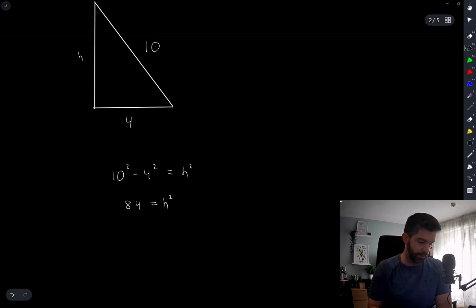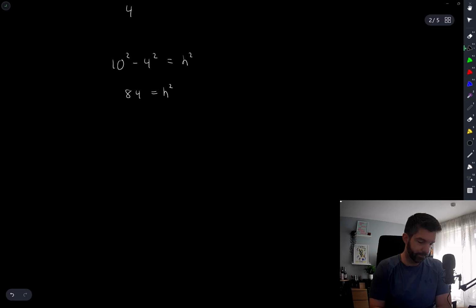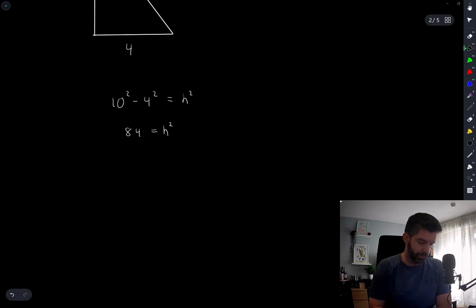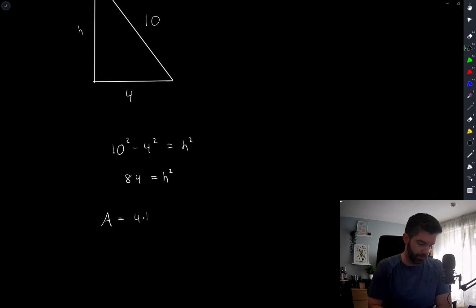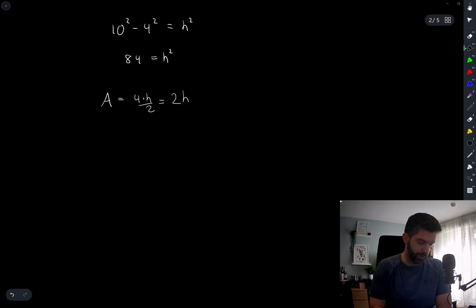And the area of this is h over 2. No, it's not. It's 4 times h over 2, which is 2h.